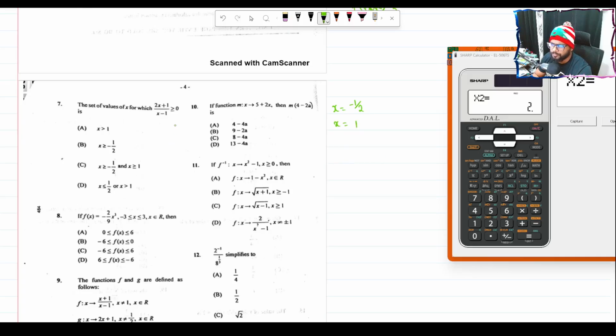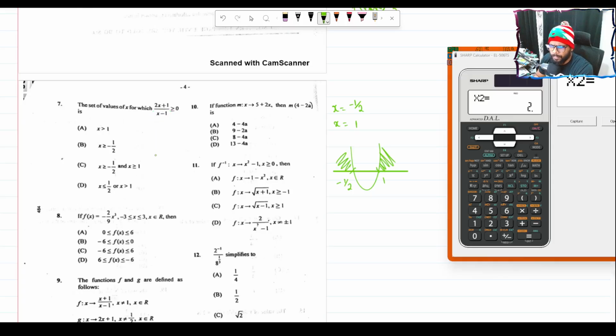This here is going to be a positive x squared. We have minus a half and we have 1. We want where this is greater than or equal to 0, which could be above. It's going to be less than minus a half, and more than 1. For sure, it cannot be 1, because of the nature of the denominator.